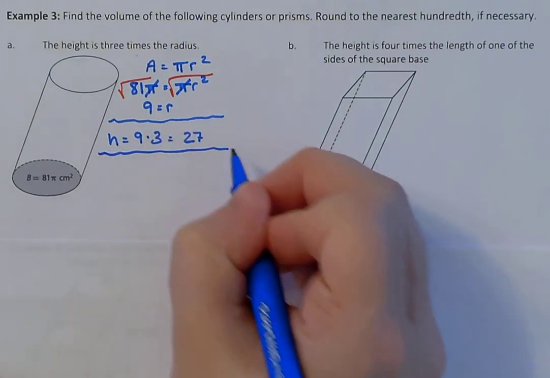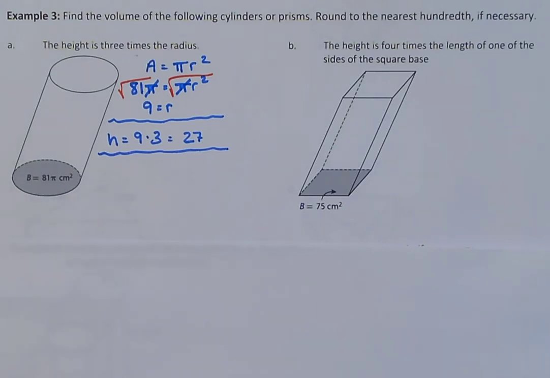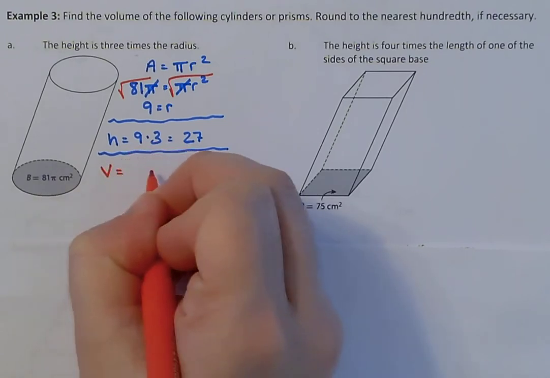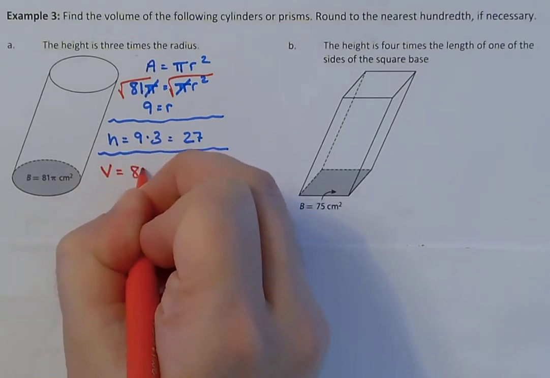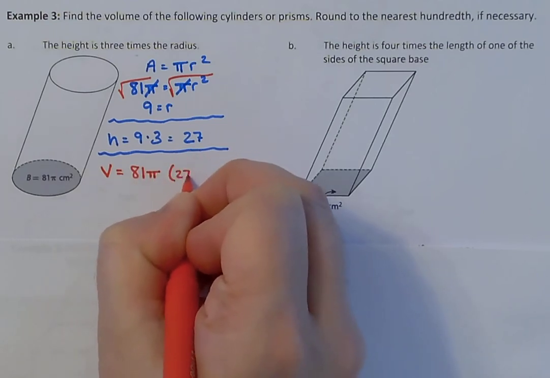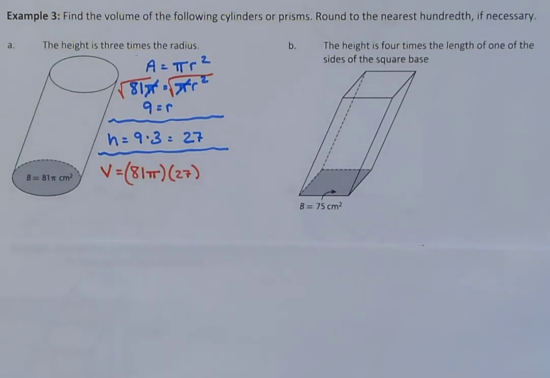Now that I know that height, and we know the area of the base is 81 pi, to find the volume it's going to be 81 pi times 27.